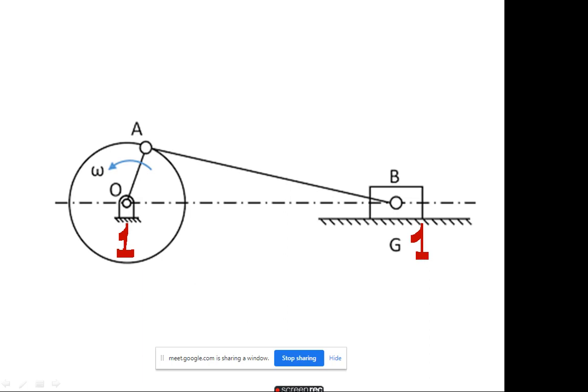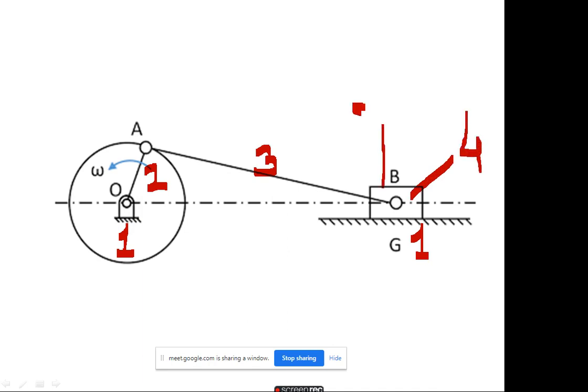Then from O to A, we consider this one as crank. OA is a type of crank, so this is taken as the second link, and AB is a type of connecting rod, taken as the third link. Then this one is considered as the fourth link, this is the slider.